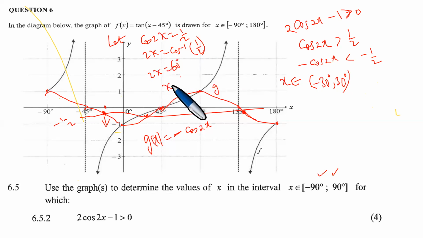You divide by 2, 30 degrees. Okay, that's why we're getting 30 here. So this is going to be minus 30, but this is going to be 30 degrees. So it's between minus 30 and 30. Minus 30 and 30, so that's the answer. But also, you can say this.